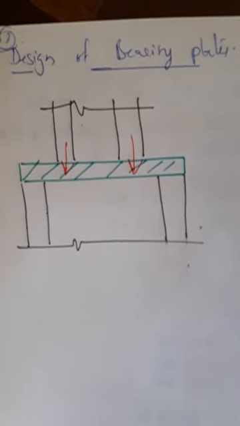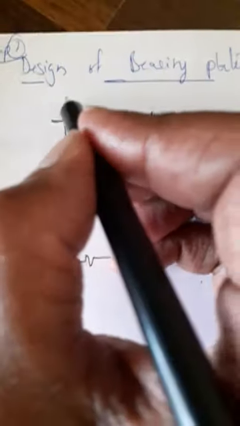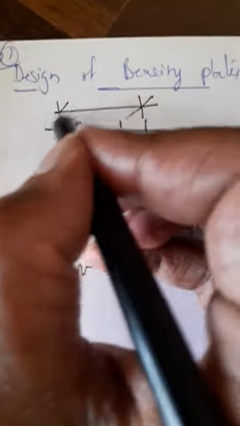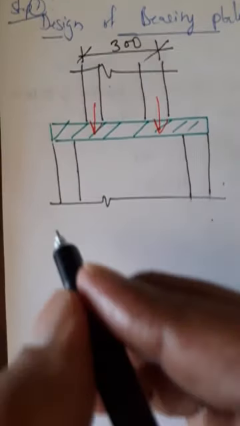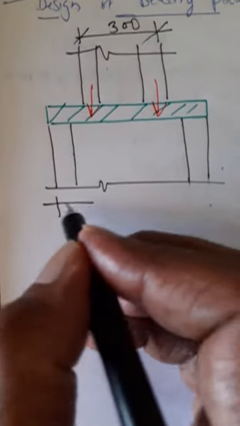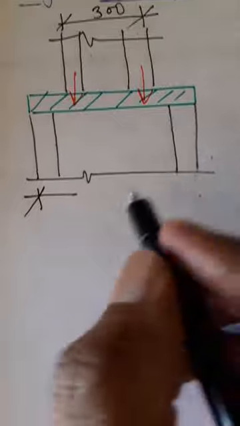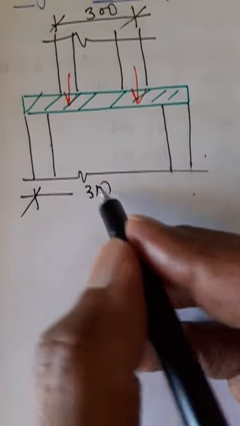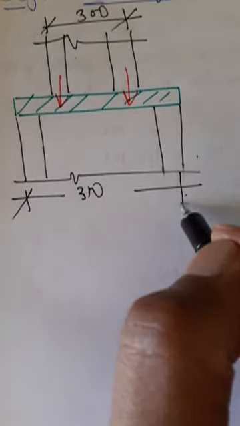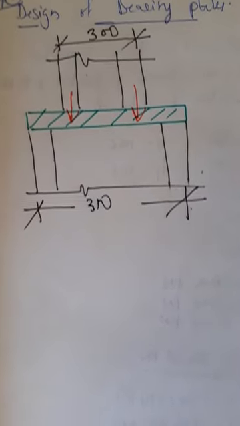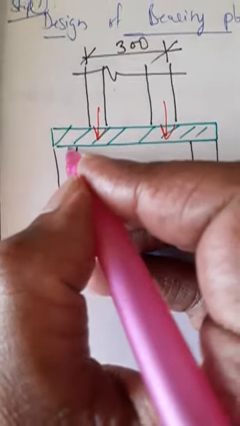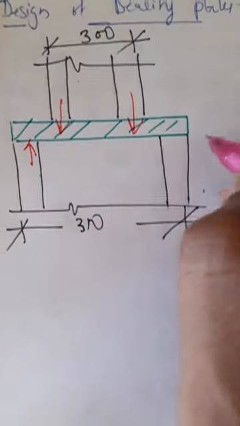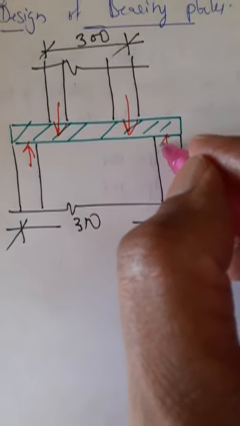From steel tables I have this data. This dimension is 300. This dimension is 350. Now reaction here is provided at midpoint and at midpoint here.